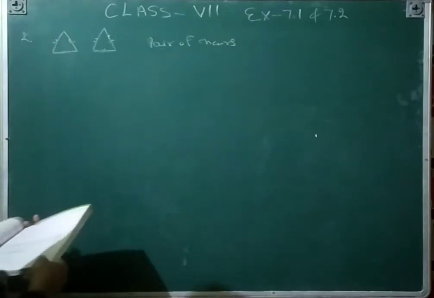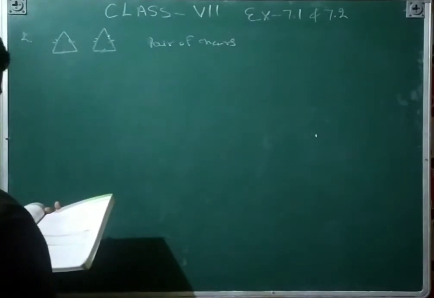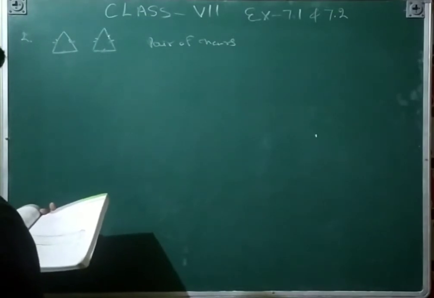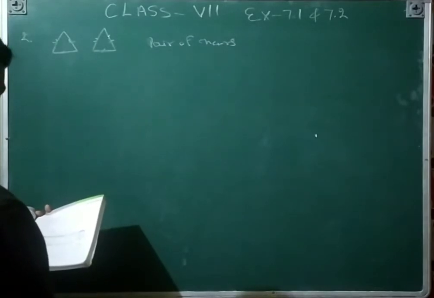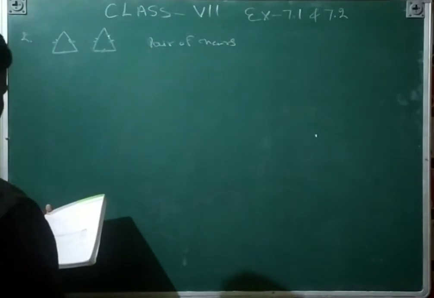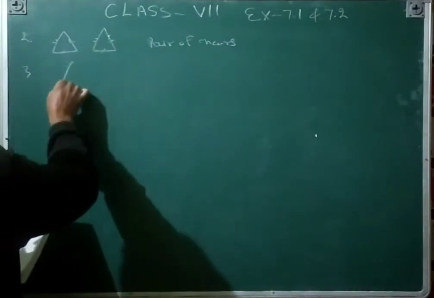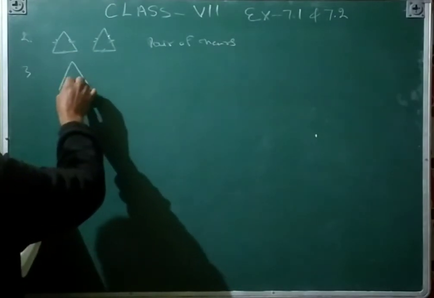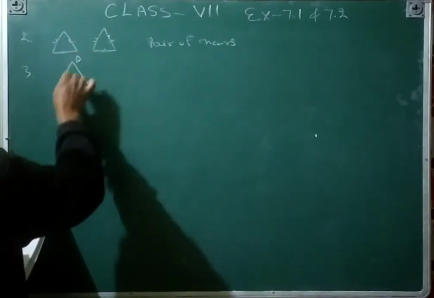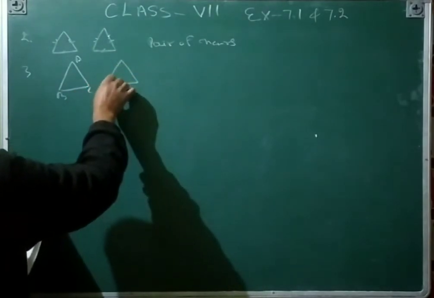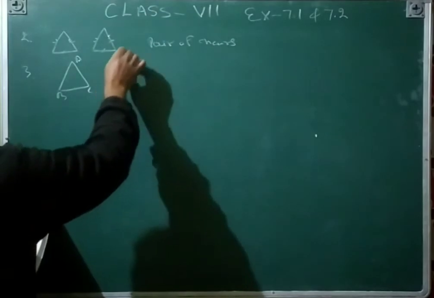Third question, if triangle ABC is congruent to triangle FED under the correspondence ABC to FED, write all the corresponding congruent parts of the triangles. First of all we will draw the triangle ABC, and then FED.